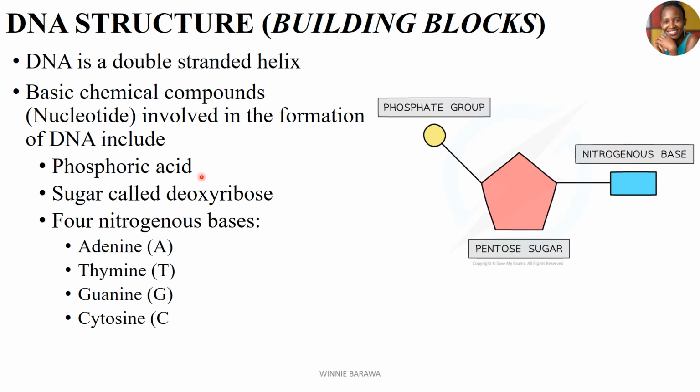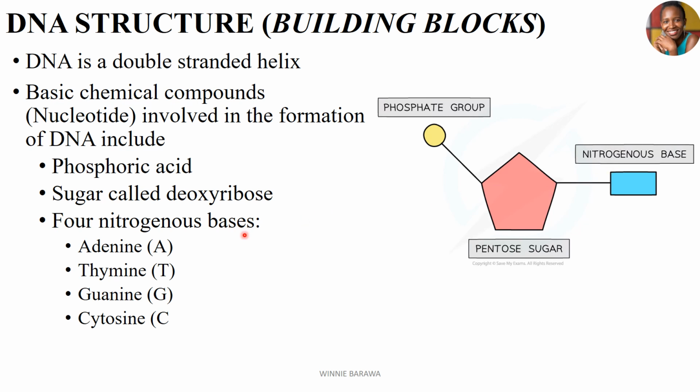It has a phosphoric acid, which we call the phosphate group on the structure. It has a sugar that we call deoxyribose, which on the structure we call the pentose sugar. And then it has a nitrogenous base, of which there are four main types.